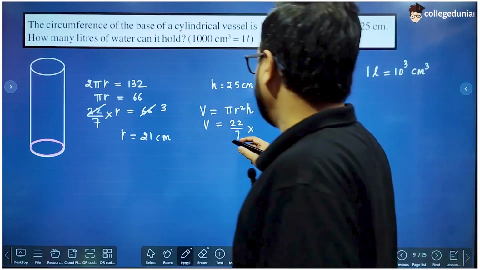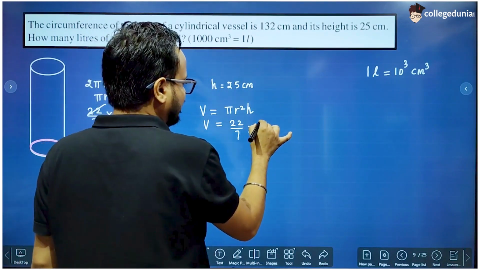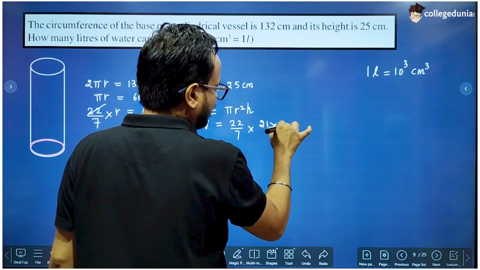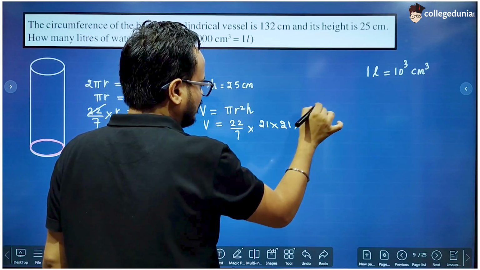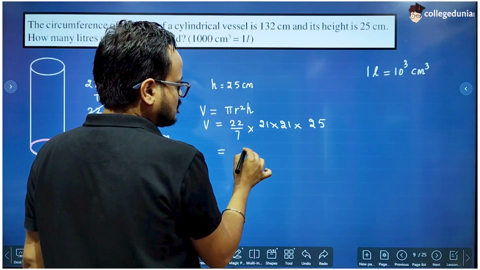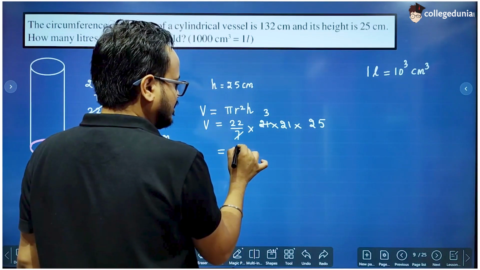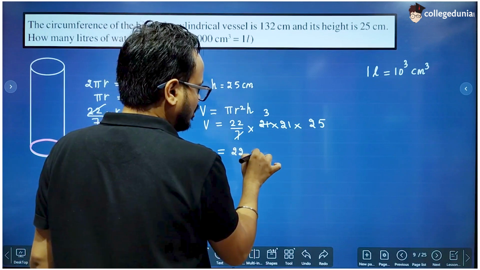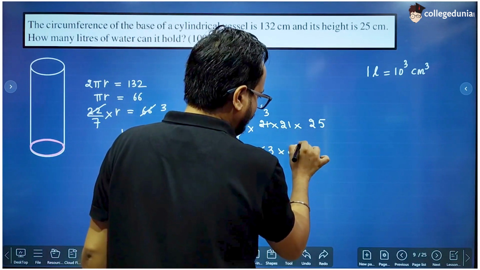We have to divide it by 1000. So the value of r is 21, so we will square it, and the value of h is 25. Pi is 22 by 7. So the answer is 22 into 21 into 3 is 63 into 25.